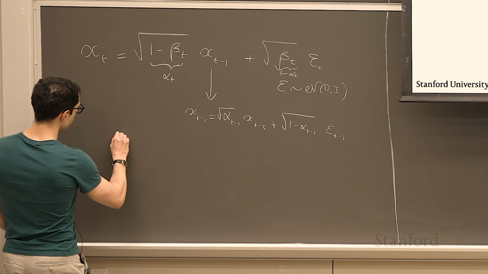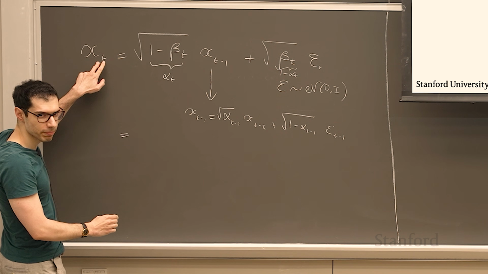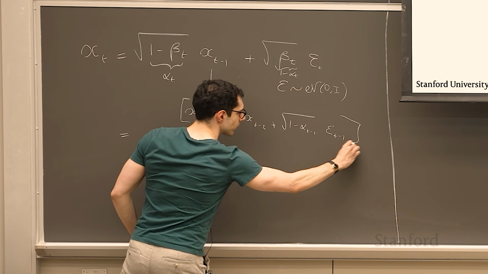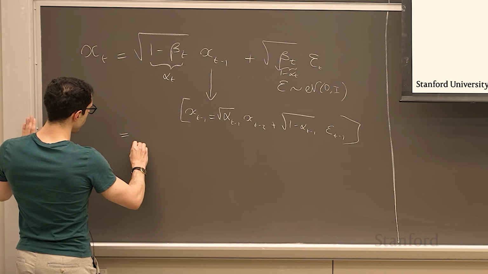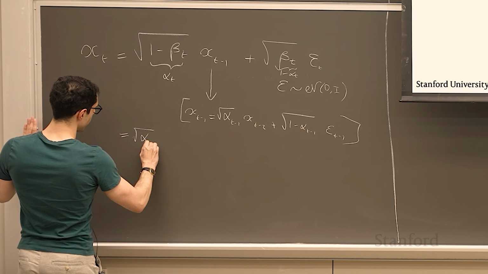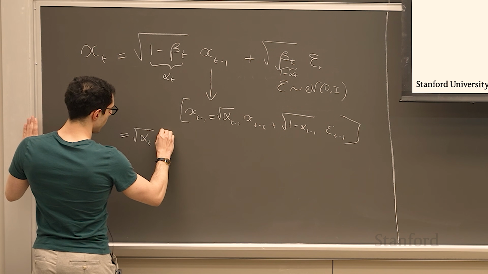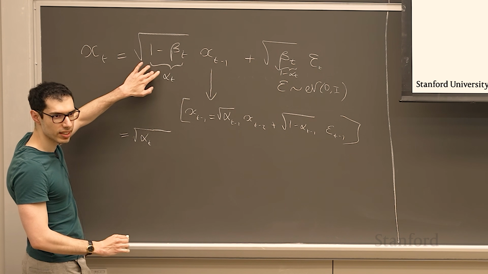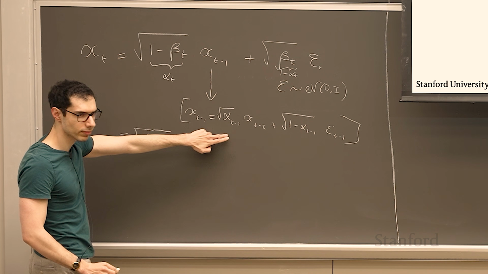Here I'm just going to expand x t. So it's equal to square root of alpha t, and I'm directly going to multiply this quantity by the one that we have here.